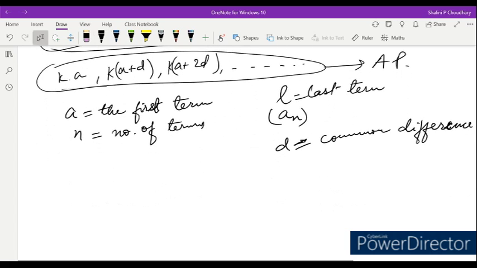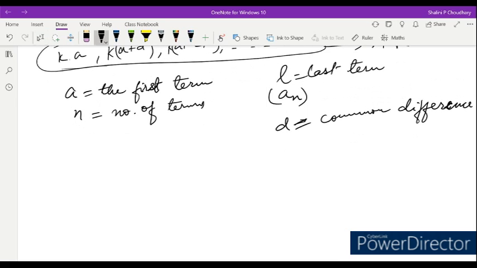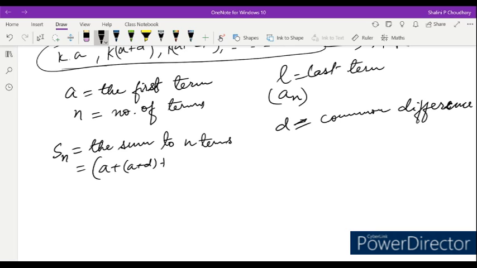One more thing is added here, Sn, that will be the sum of n terms of AP, or sum to n terms. It means first term plus second term plus third term, that is a plus (a plus d) plus all the terms.